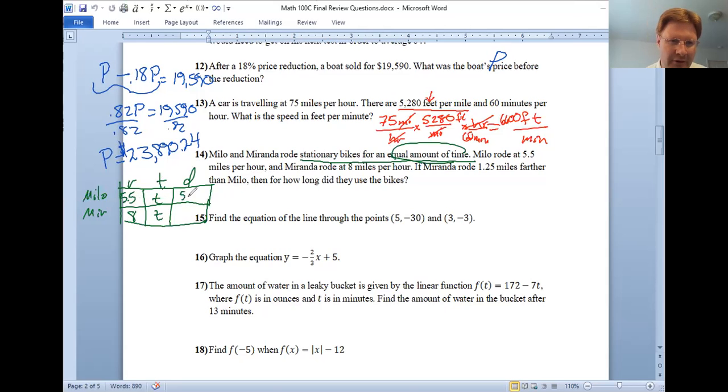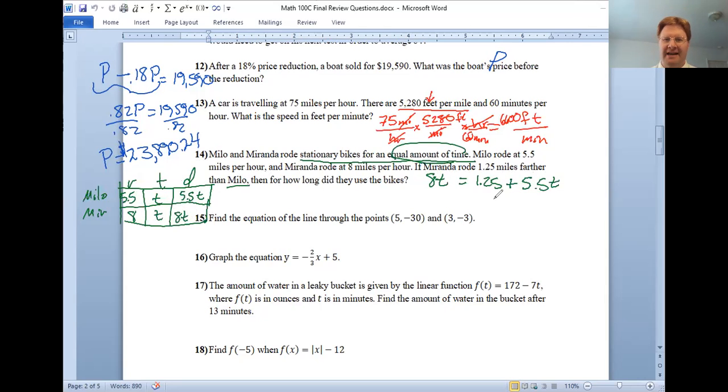We get 5.5t. Remember, rate times time equals distance. And then 8t, rate times time equals distance. So Miranda's distance is 8t. And so Miranda's distance, 8t, equals 1.25 farther plus Milo's distance, 5.5t. Here is our equation.